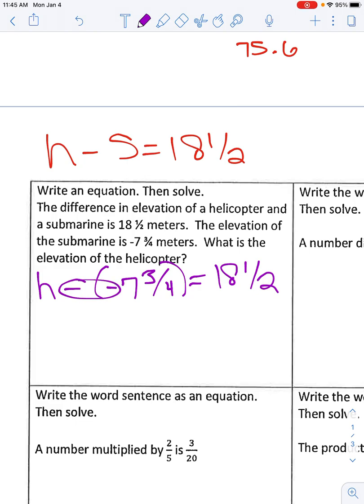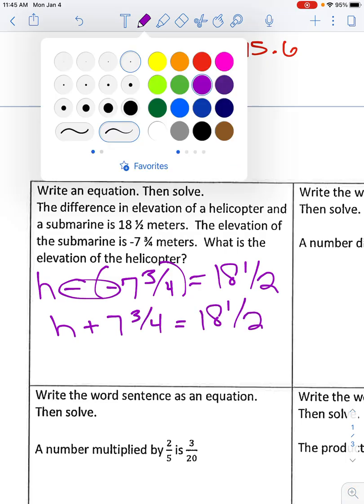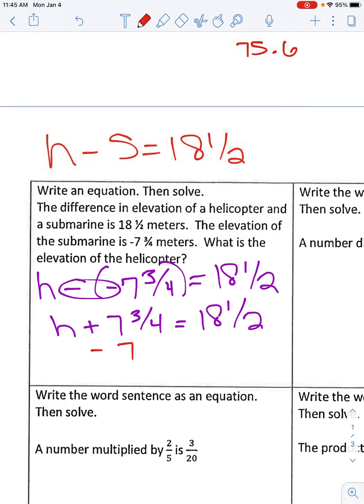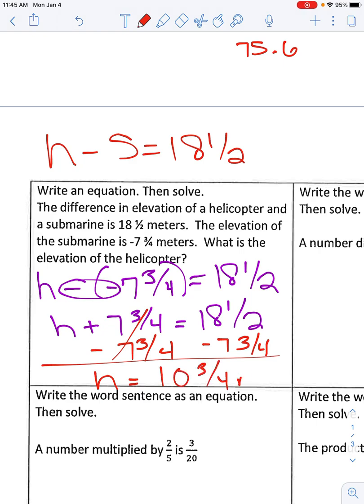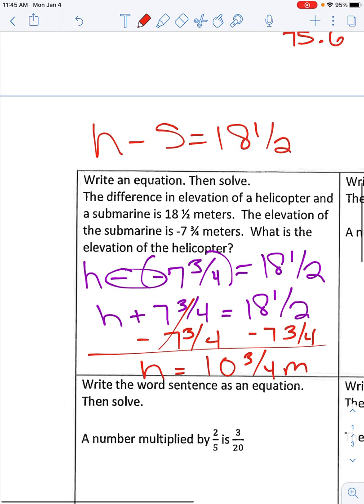That's a double negative. So I'm actually going to rewrite it now to look like this. And then I'll solve for H by doing the inverse. So we're going to subtract 7 3/4 from both sides. Okay, and you're going to end up getting 10 3/4 meters.